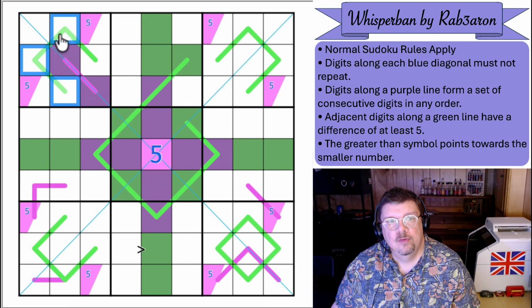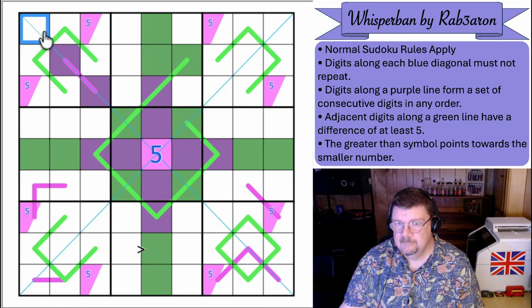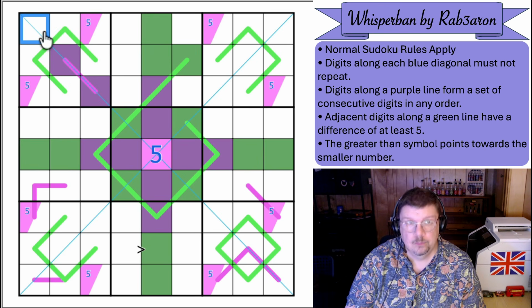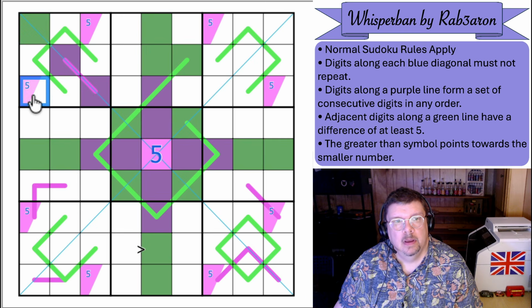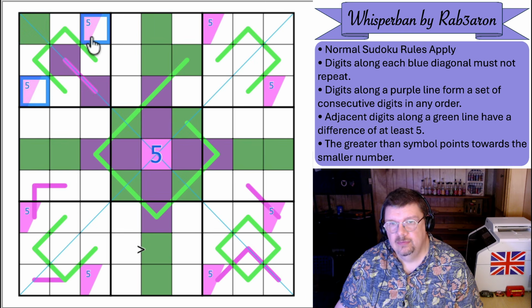We've got 2 more purple digits on this green line, therefore this is green. And one of those 2 is green.